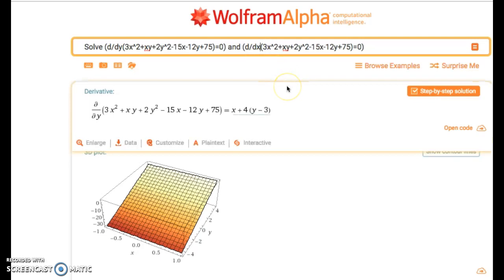So I am asking Wolfram to solve for the points where both the partial derivative with respect to y here and the partial derivative with respect to x are zero. I did find that putting parentheses around these equations actually helps. There are some cases where Wolfram Alpha might not be clear about what it is that you would otherwise be asking it to do. So put the parentheses in.